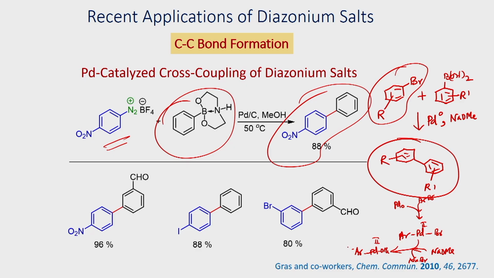Once you have this one, this can react with boronic acid through transmetallation. If you have the boronic acid, you can react with sodium methoxide and you will form the ate complex. So this can now undergo reaction, and you will form this.